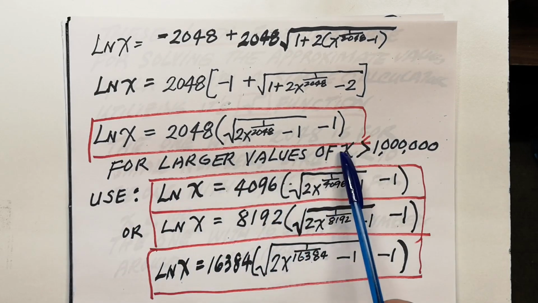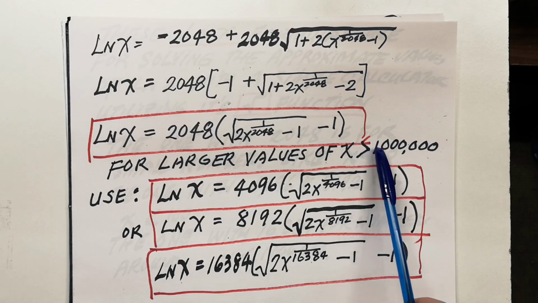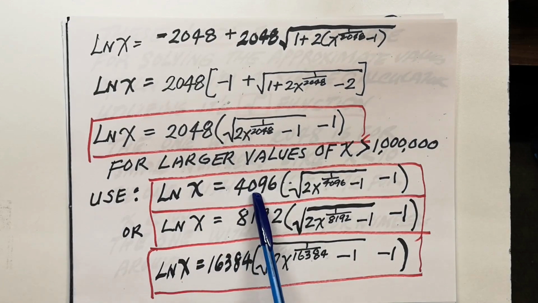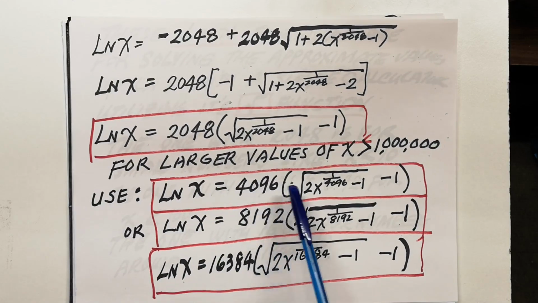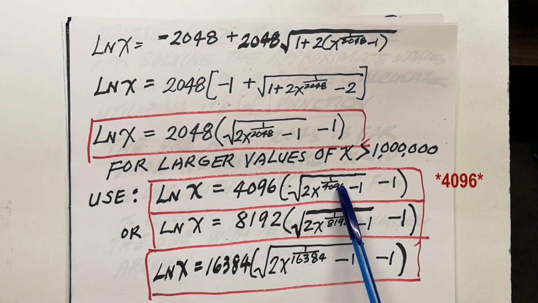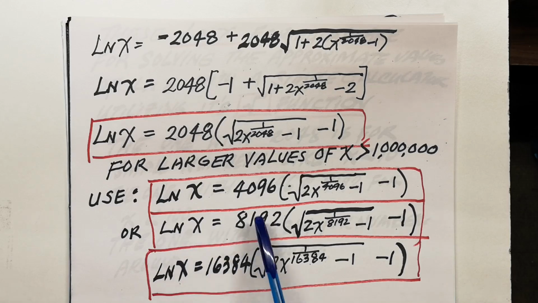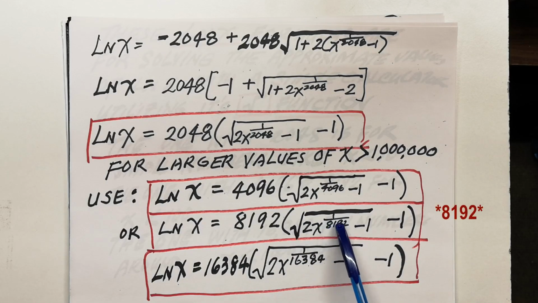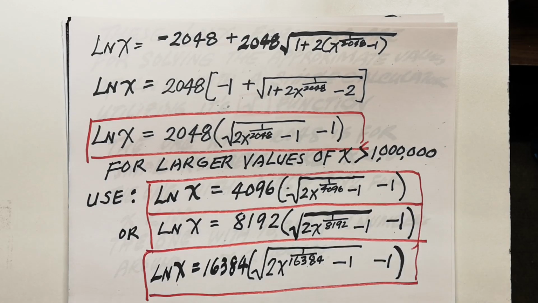For larger values of x that could be greater than 1 million, you can use this one, ln of x, just changing this 2048 into double it, becoming 4096. But inside you also have to raise the value of x to the 1 over 4096. And if you use a value twice of this, 8192, you'll do the same inside: square root of 2x raised to the 1 over 8192 minus 1, minus 1.